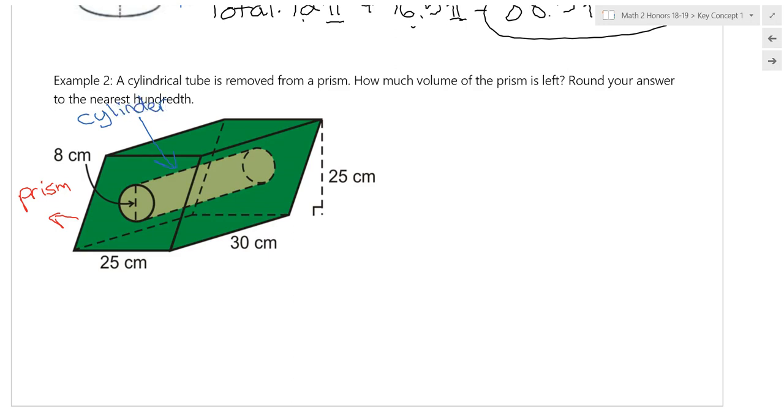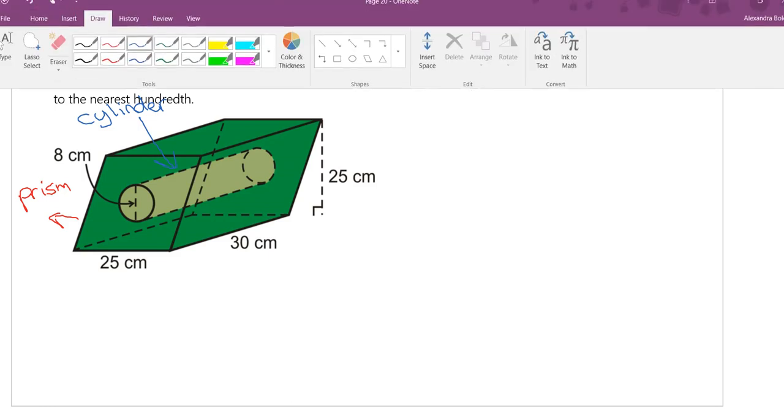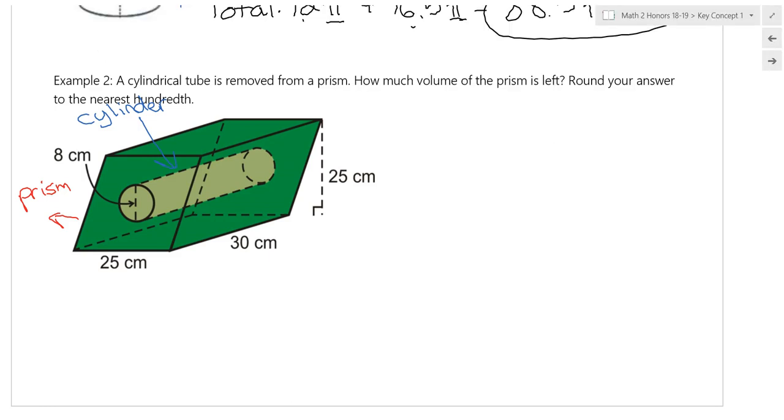So we're going to start by finding the volume of the prism. So prism. Volume equals length times width times height. So I have 25 times 30 times 25.